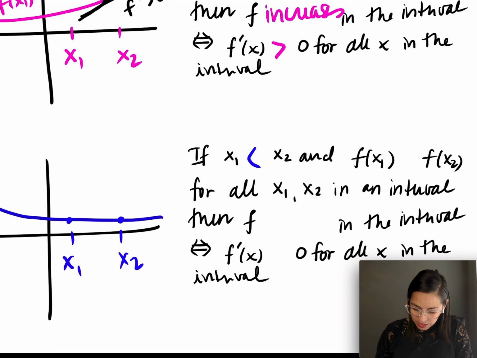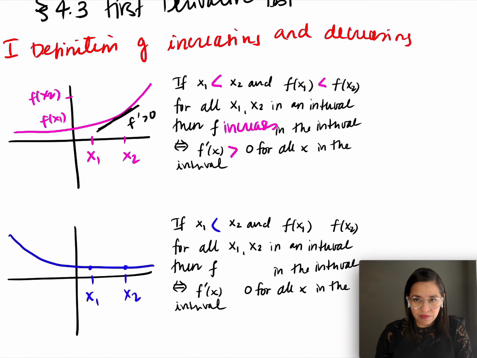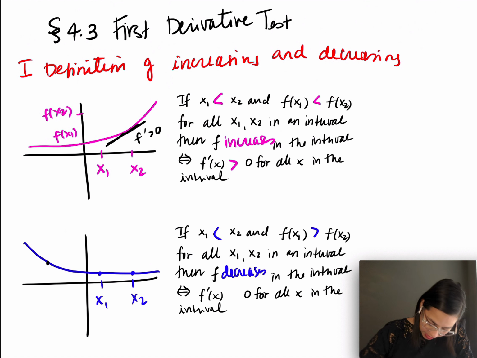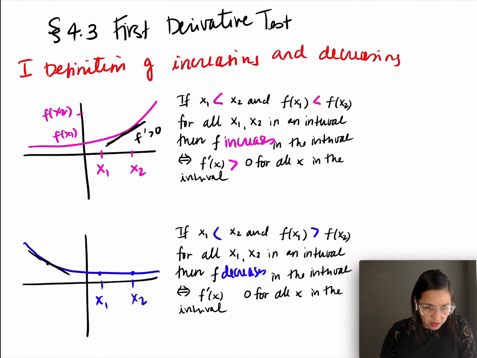So if I have a decreasing function, then f of x1 is greater than f of x2. And here we say it decreases. And then again, if I draw my tangent line, I see that the slope is negative, therefore the derivative is less than 0. Okay, so here we see that the slope is negative.